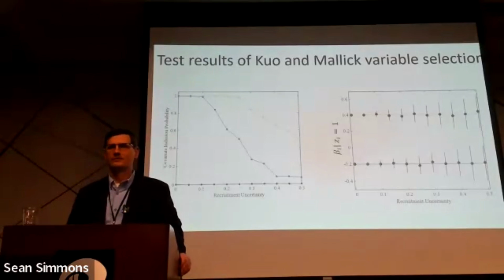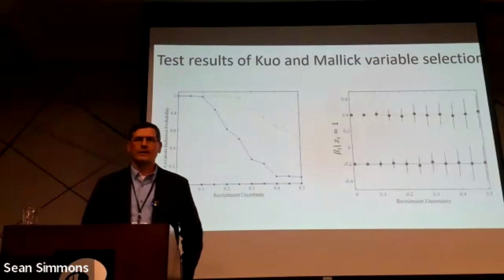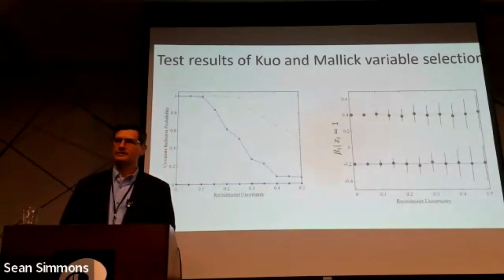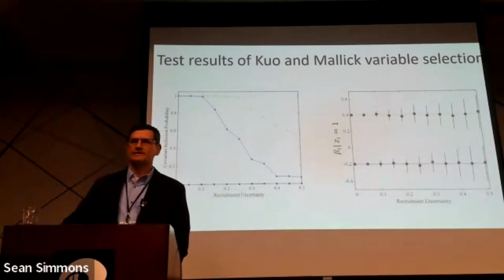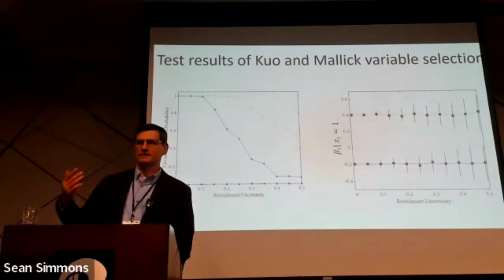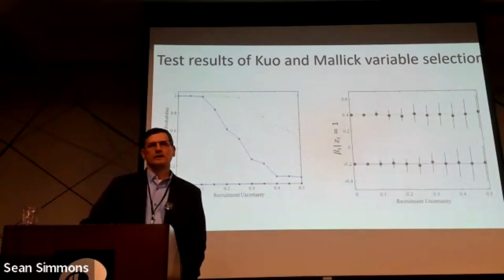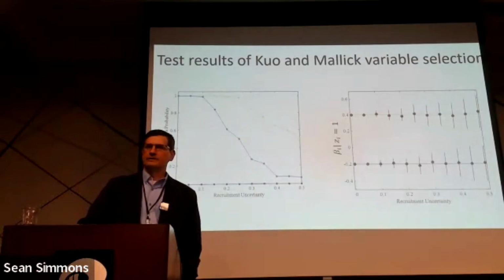I apologize if I missed this, but how robust would a method like this be to collinear variables? Or do you have to do like a DFA first? Yeah, great question. It should be robust. I don't know. It would be very easy. I've already coded up a test of this. But these variables were all independent of one another. Man, I don't really have a good intuition for this, actually.